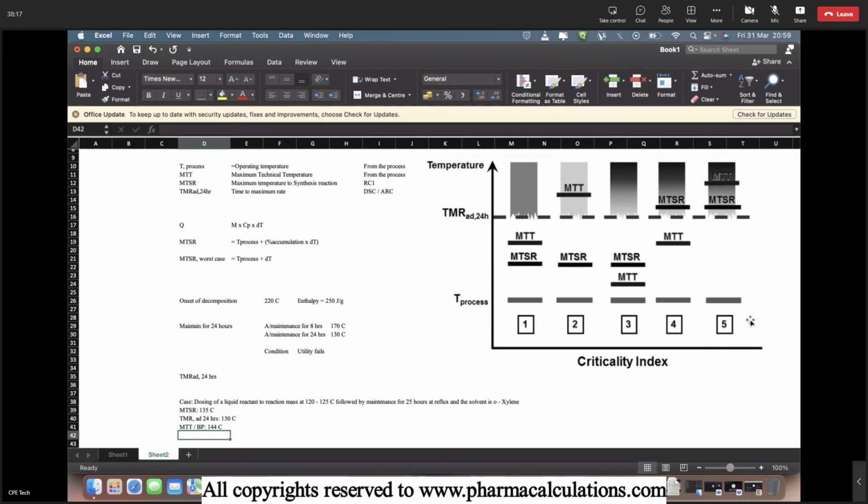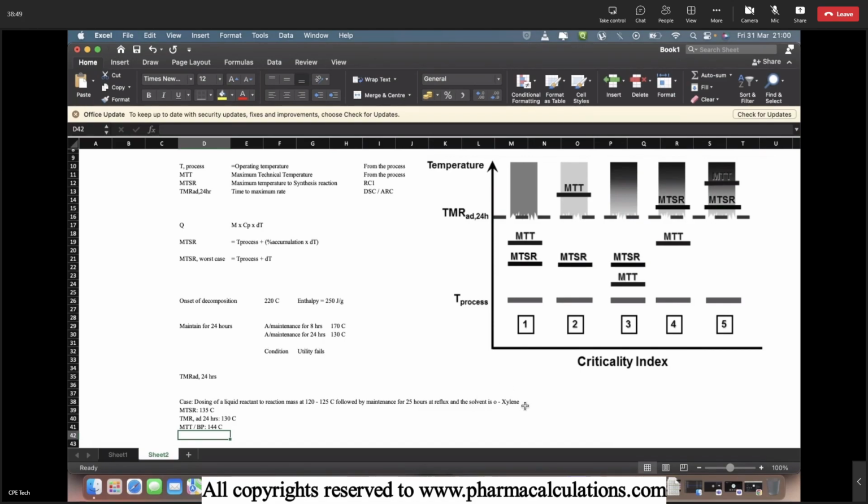Re-engineering the process means we have to make certain changes so that the risk reduces from the current scenario. So I'll take the process back into the lab, and then I'll try to re-engineer the process by modifying something. Either I can modify the operating temperature, or I can reduce the maintenance time, or I can change the solvent.